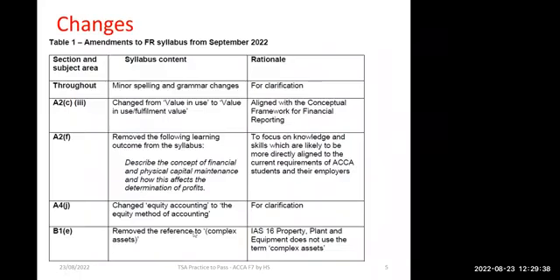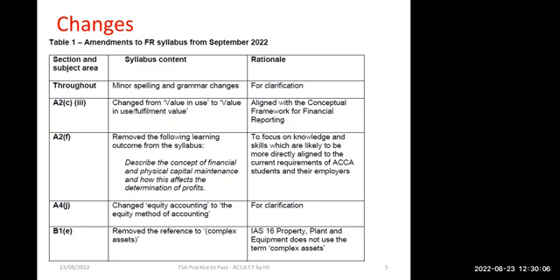Similarly, they have removed the term complex assets from IAS 16. Do you have any idea about complex assets? We call complex assets assets having different significant components, each having a different useful life. According to IAS 16, we depreciate each and every component separately.